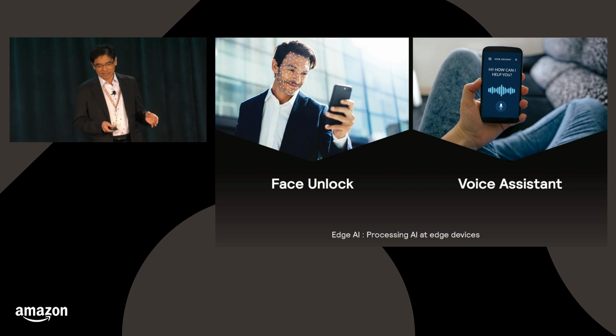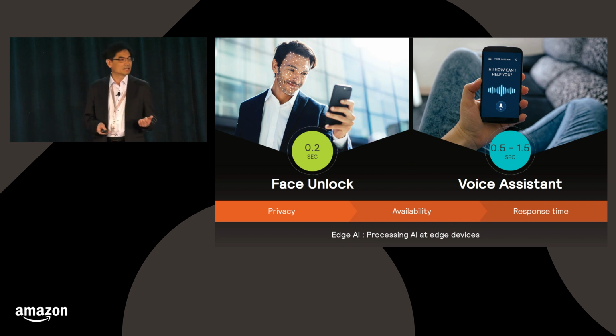Face unlock actually gets the AI processed locally on the device. However, the intelligence of a voice assistant mainly comes from the cloud. So it results in a difference in user experience.